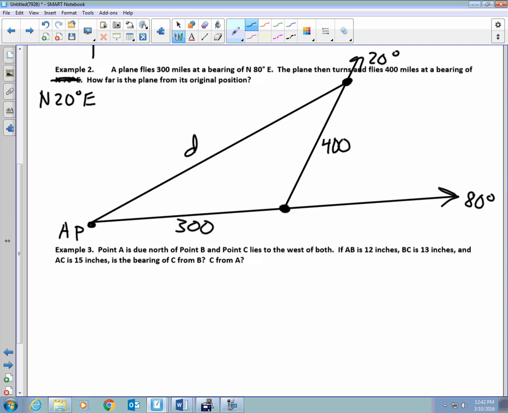Yep, I just continued the bearing on to try to give you guys a hint. So I really don't want to tell you this next part, but I'm afraid you won't be able to figure it out. Not a right triangle, can't use Pythagorean theorem.